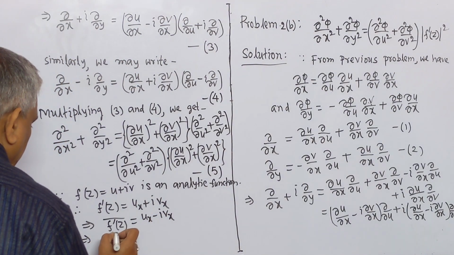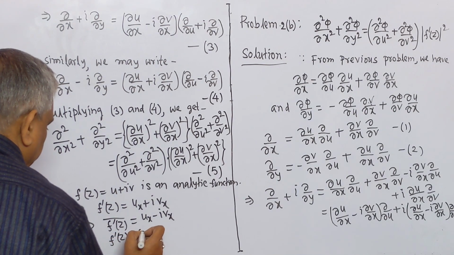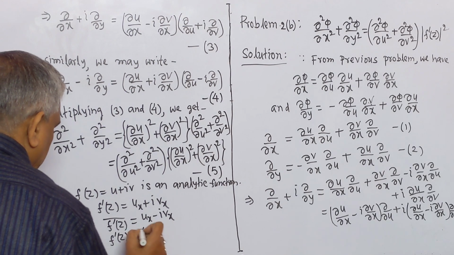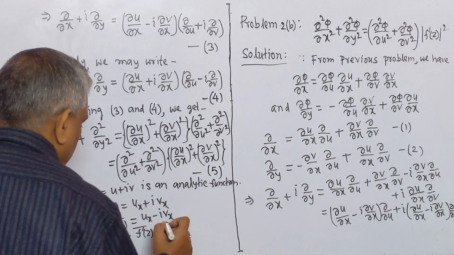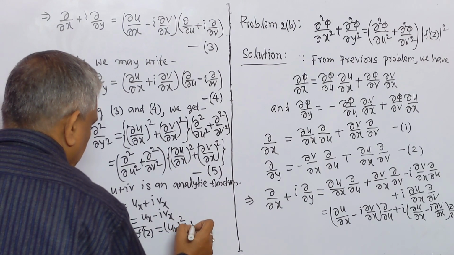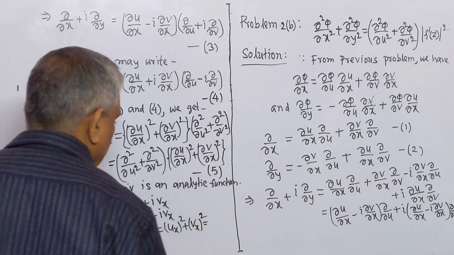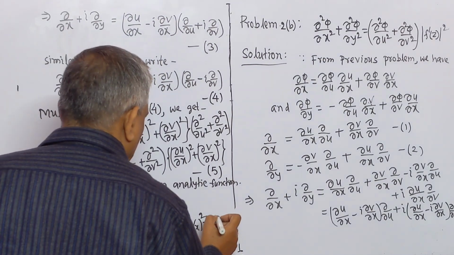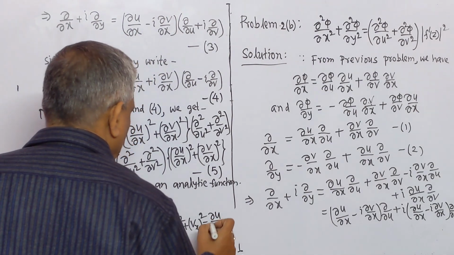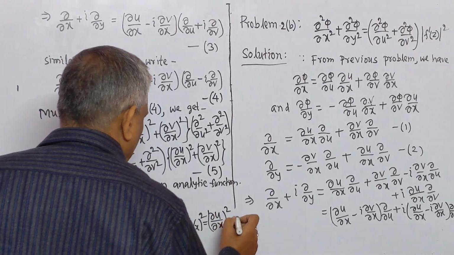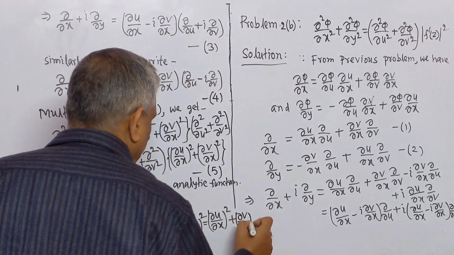Multiplying f prime z multiply f prime z conjugate equal to ux square plus vx square, and this is equal to del u by del x whole square plus del v by del x whole square.